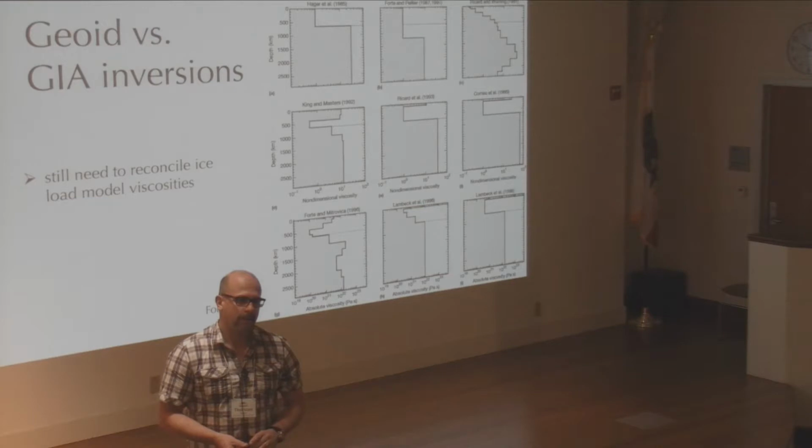There's a trade-off between the cube of the thickness of a layer and the viscosity contrast, and it's unresolvable in both types of studies. And yeah, the data sets are different. They have different kind of wavelength characteristics. But really the only thing we know from all these models put together is that the upper mantle on average has probably 1 to 2 orders of magnitude lower viscosity than the lower mantle.